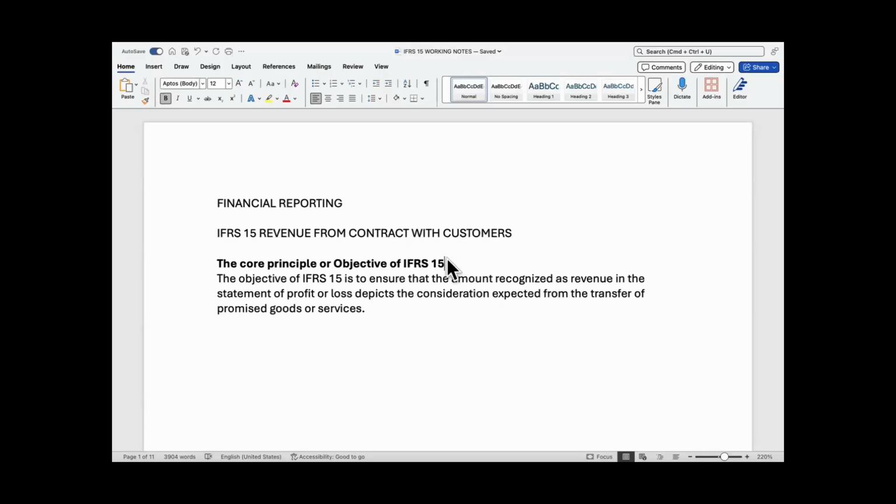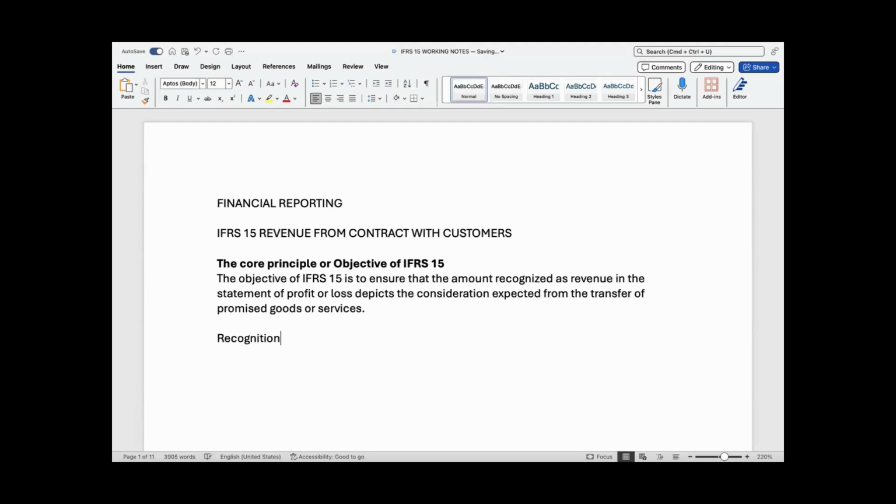Whether you have collected the money or not, that is not the focus here. The focus is that you should only recognize revenue for the work done, for the goods transferred. And that's the objective, the core principle of IFRS 15.